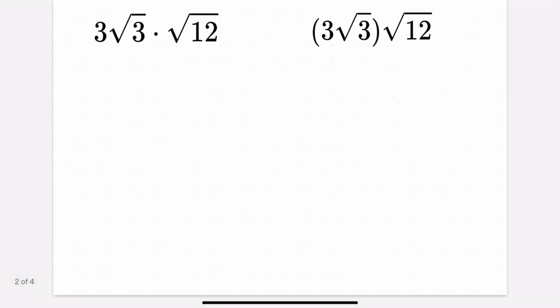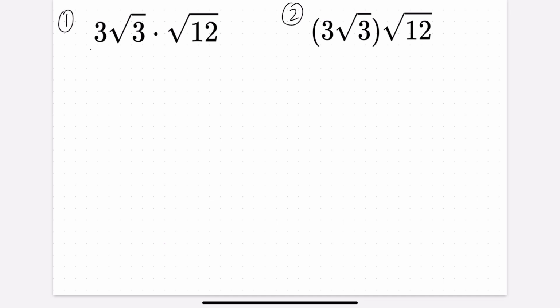So an example here is 3 times the square root of 3 times the square root of 12. There's two different notations you might see, this one on the left and this one on the right. They're identical problems, they're just notated slightly differently. Okay, so when we are multiplying radicals, the coefficients talk to coefficients, the radicals talk to radicals.